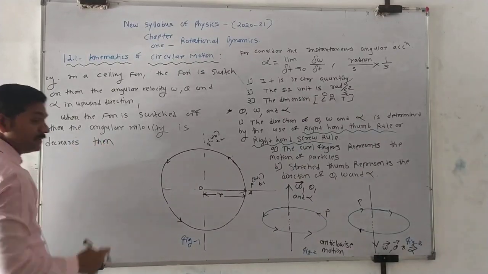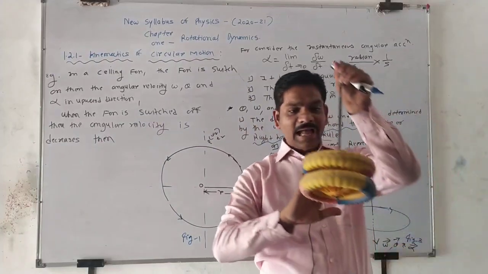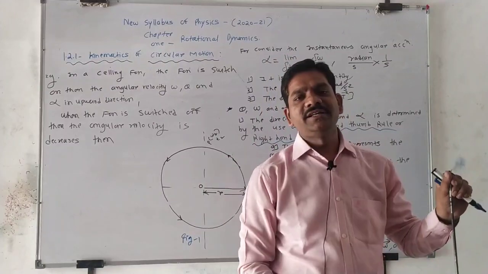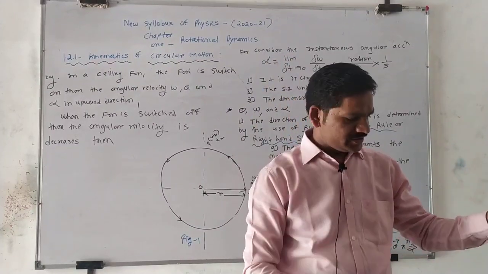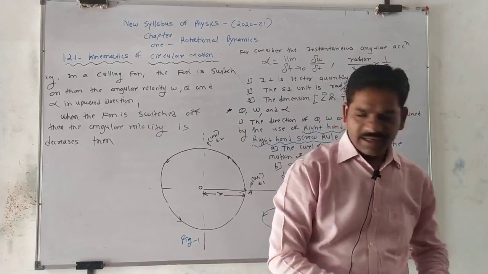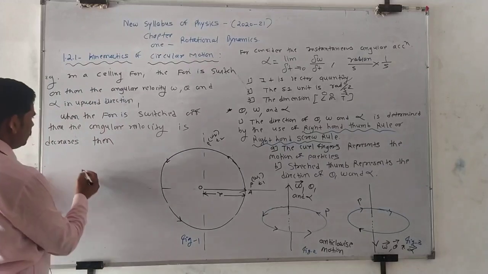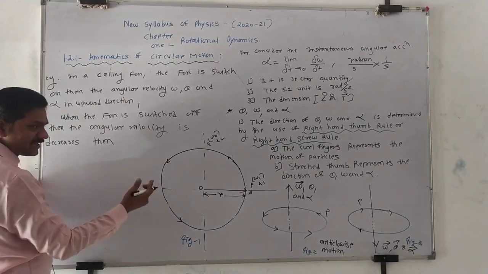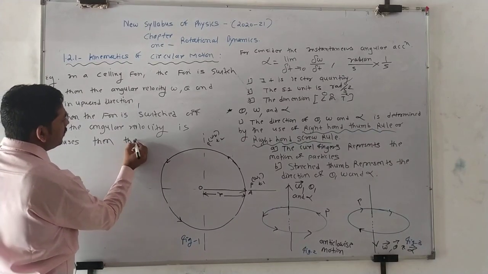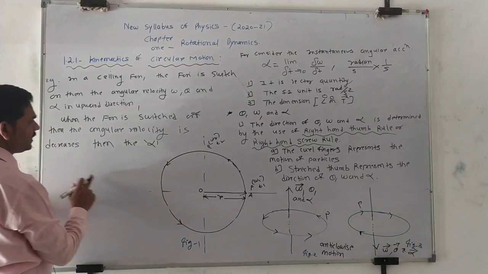Then, the angular velocity decreases, which means there is deceleration. This is retardation. What do we call it? Deceleration or retardation. The angular velocity decreases, which is retardation or deceleration. Then alpha, meaning angular acceleration, is shifted in the downward direction, correct.